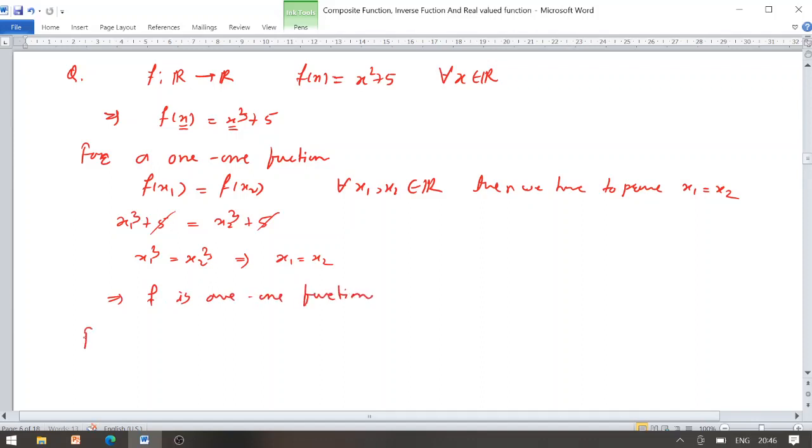Now for proving onto function, we might have here y equals f of x equals x cube plus 5.